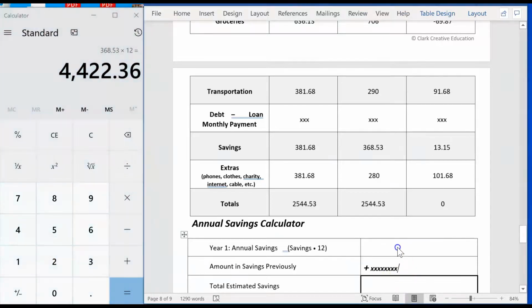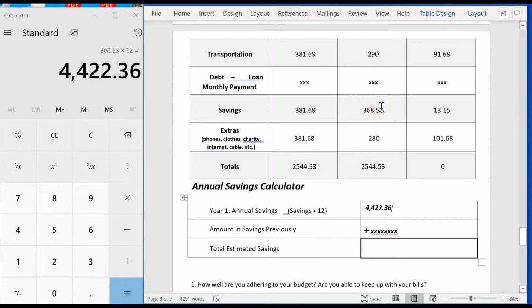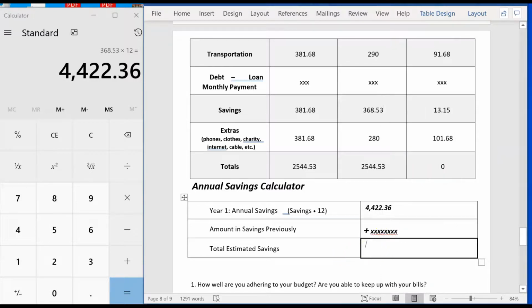And we get $4,422.36. So that's how much I'm going to be saving a year. And you're just going to put the same number down here, 4,422.36.